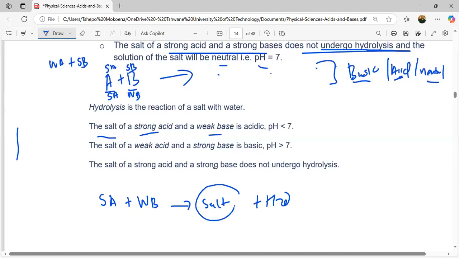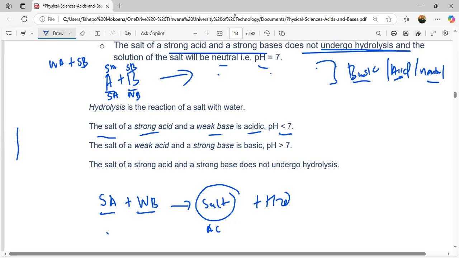This salt was formed from a strong acid and a weak base. We say that the salt of a strong acid and a weak base is acidic, which does make sense because you have a strong acid, therefore this salt will definitely be acidic. If you taste this water, it will taste acidic, whereby the pH is less than 7.